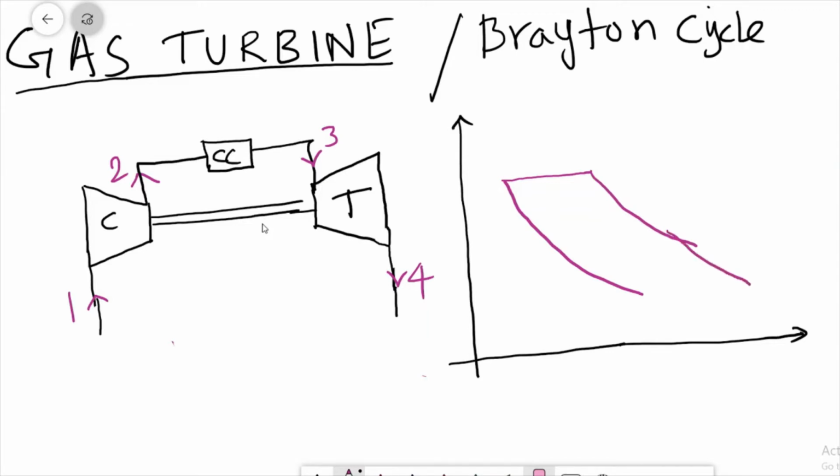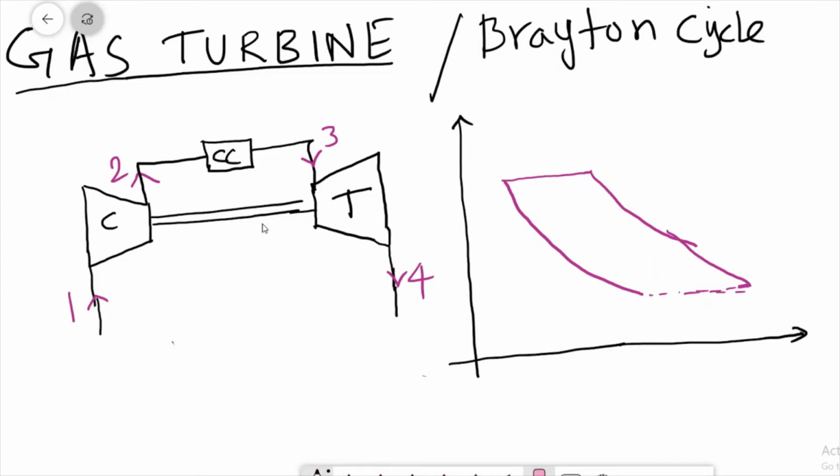Then from 4 to 1, here it is open. If it is a closed cycle, it will be connected, and that is also constant pressure heat rejection. Here is the direction.